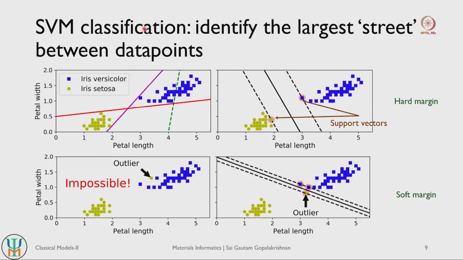Okay. So what does support vector machine do in terms of classification tasks? It basically tries to identify the largest street between data points, right. So let us say you have 2 sets of data points here, one corresponding to setosa and the other corresponding to versicolor, right.